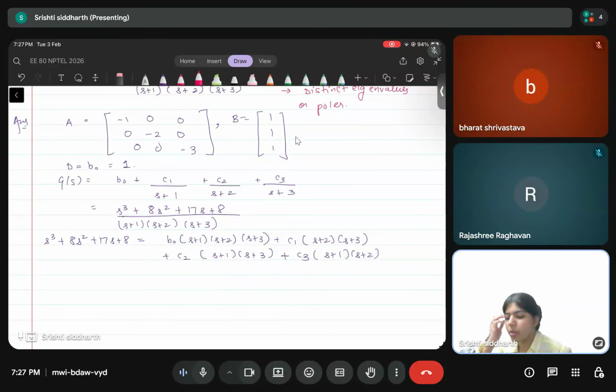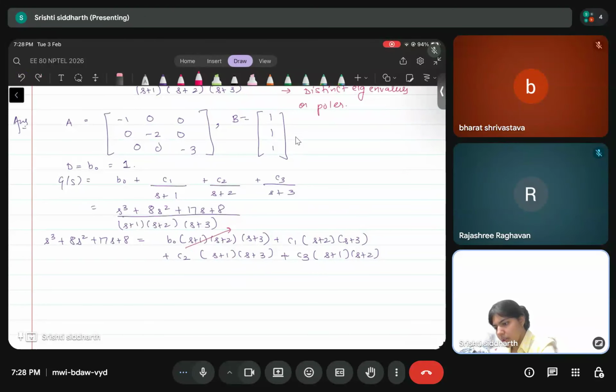Alright, so observe to find C1 if there was no B0, we simply put S equals -1, right? So we can still do it here because if we substitute S equals -1 or -2 or -3 to find C1, C2 or C3, this would always be 0, right?